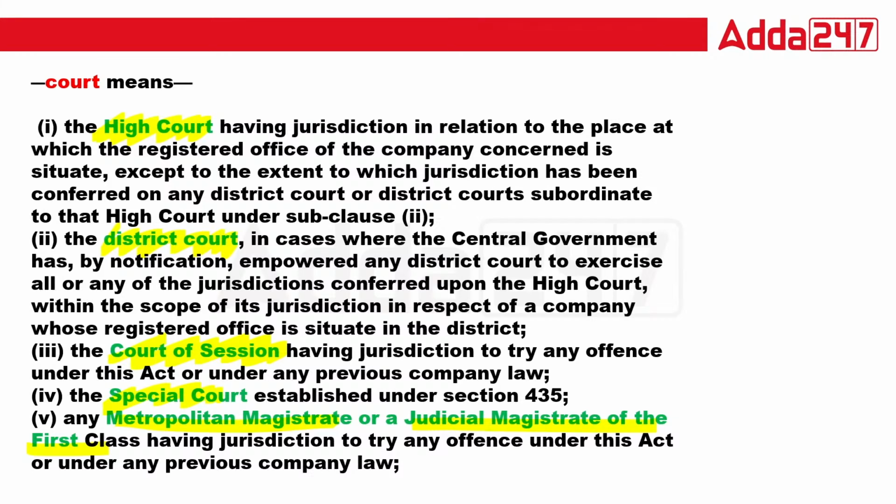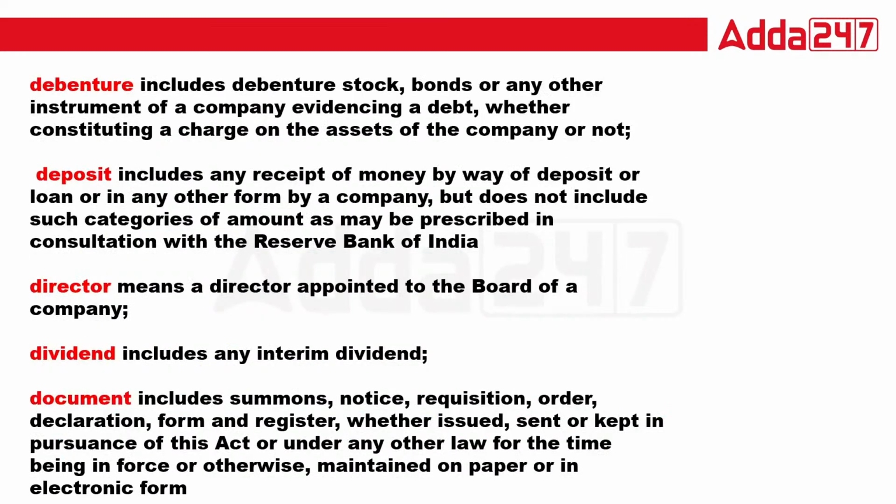Now, class. Next is debenture. So debenture includes debenture stock, bonds, or any other instrument of a company evidencing a debt. Debenture is basically a security that the company can give when taking a loan from the bank. So debenture is one kind of security. Okay.